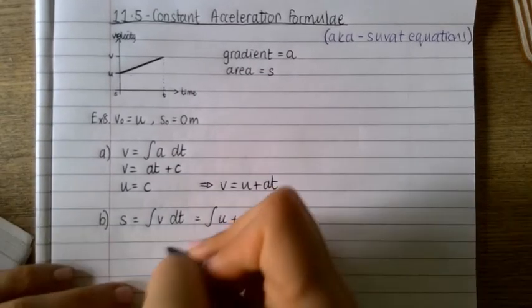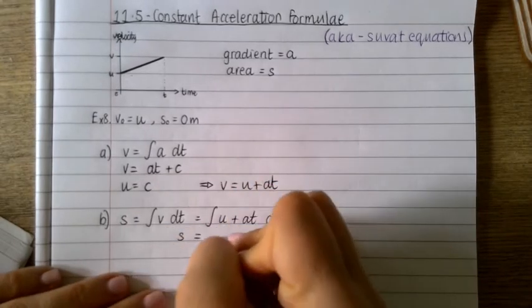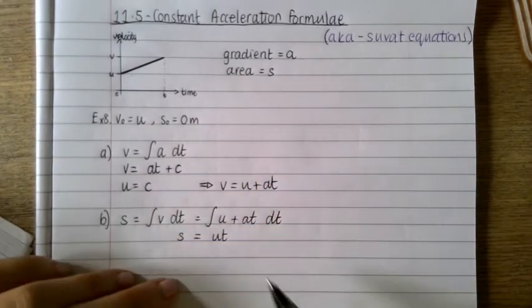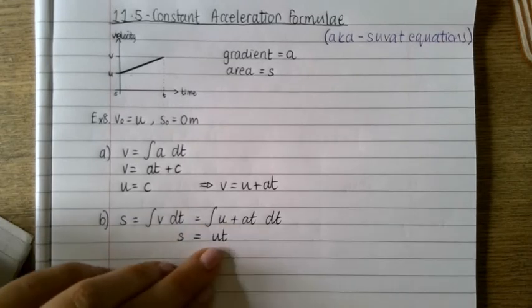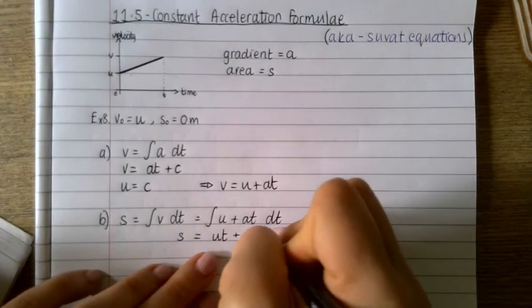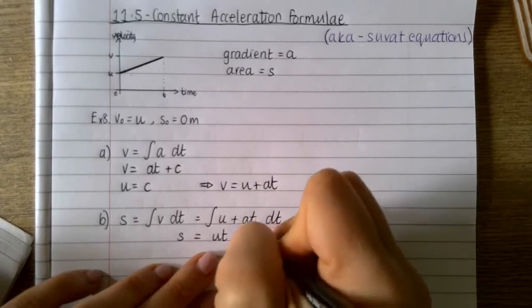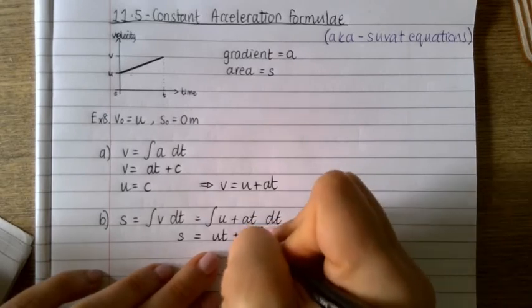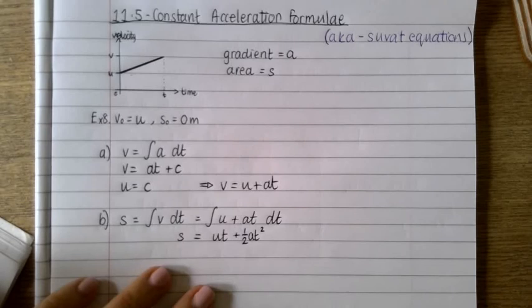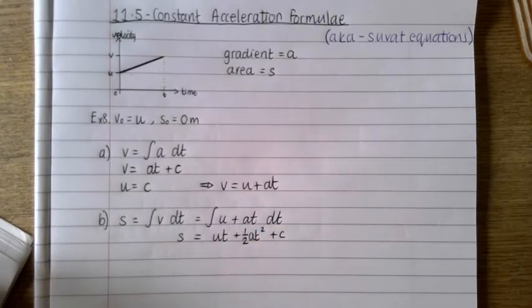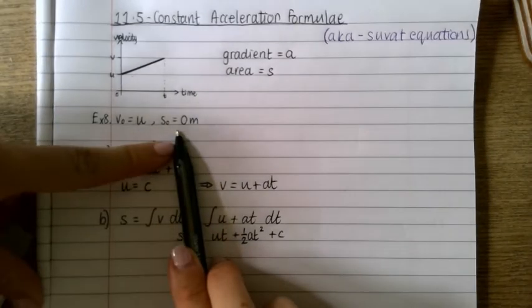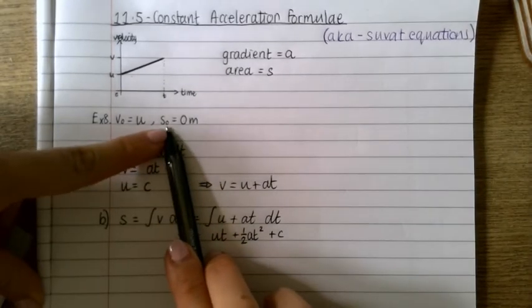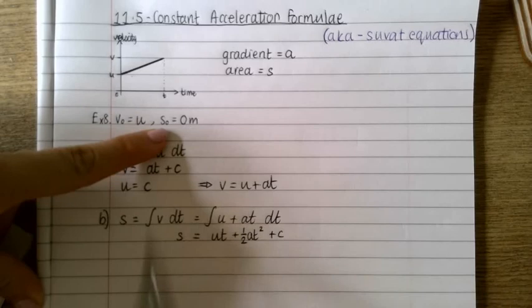And when I do that, I'm going to get s equals ut. Remember, u is just the initial speed, it's just a number. So we're going to have ut plus, and then t is going to become t squared, and then we will have to divide by 2. And then we have our constant of integration as well. But we're going to use the piece of information we were given in the question that the initial displacement, so when t equals 0, the displacement is 0.